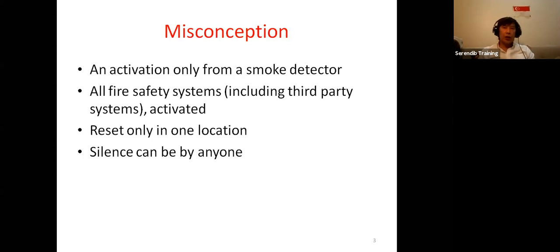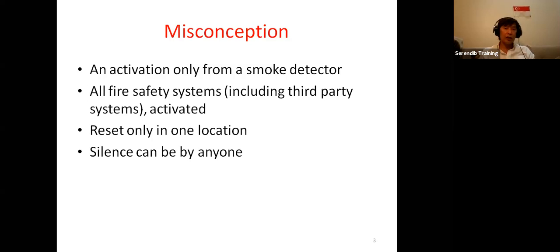For example, if there is an activation of a detector on a particular floor of a high-rise building, where the staircases are obviously required to be pressurized, and the smoke extract system and the stair pressurization happen simultaneously, this may not give the correct performance. You may have fans running, but the performance of those fans will be compromised. Why? Because air movements in the building have not been taken into account in designing this.